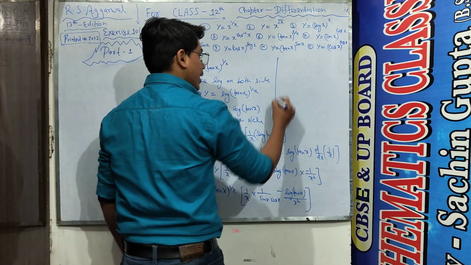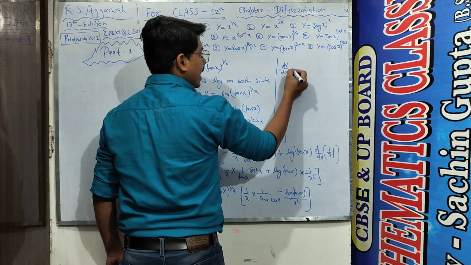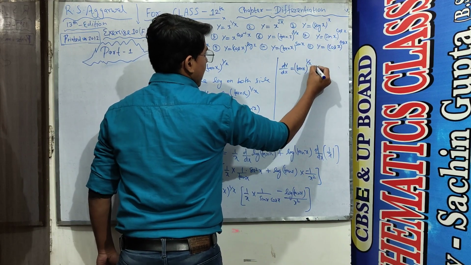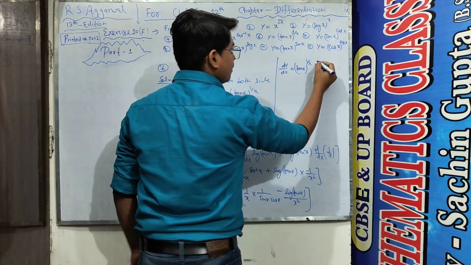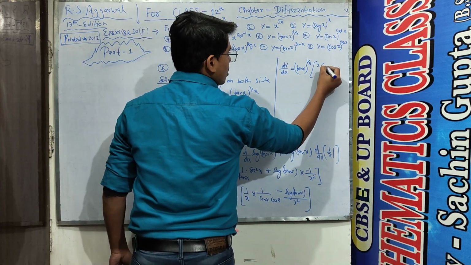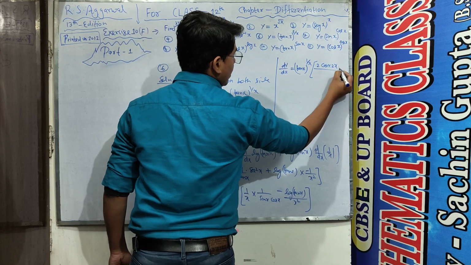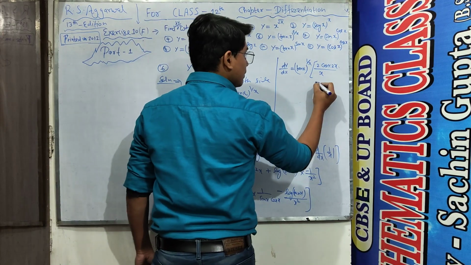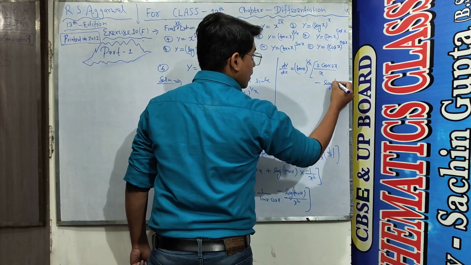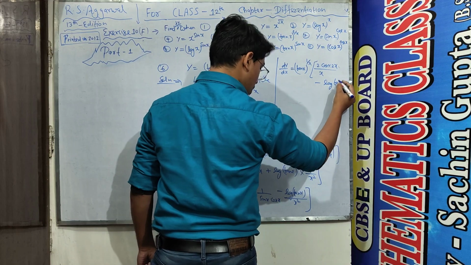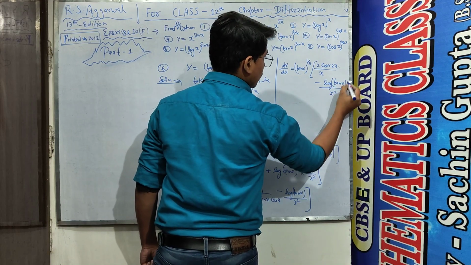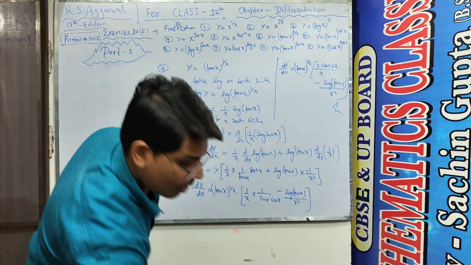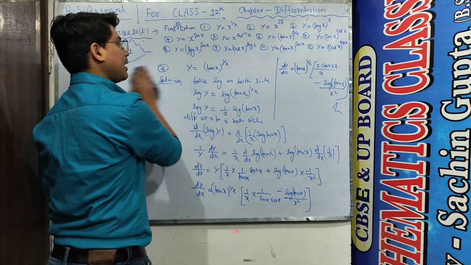So I write here the value of dy by dx is tan x raised to the power 1 by x, into 2 times cosec 2x whole divided by x, minus log tan x whole divided by x square. This is our answer. Now I go to the solution of question number 7.